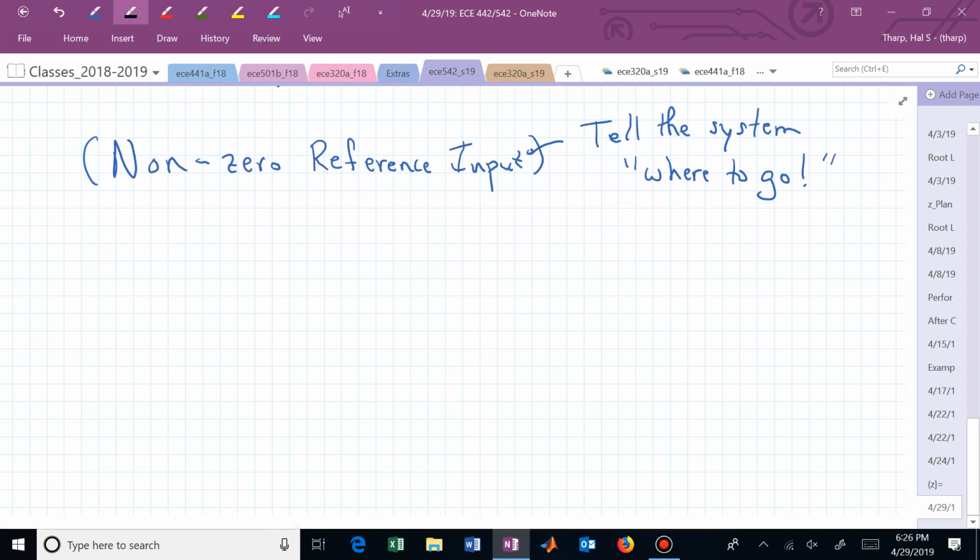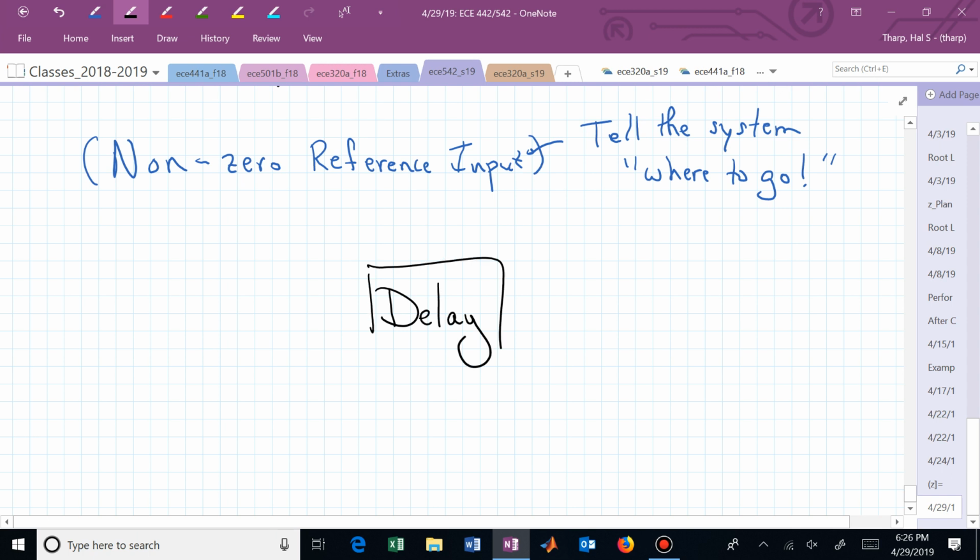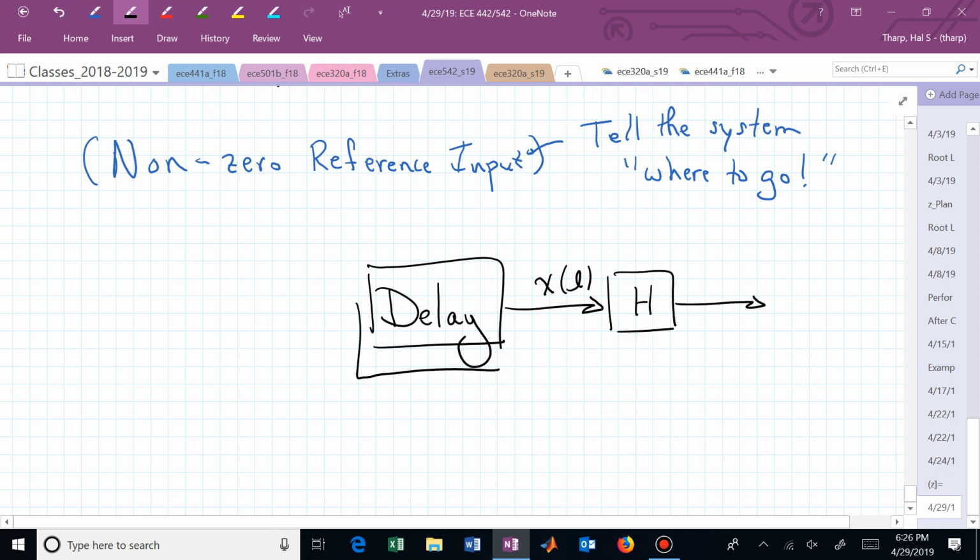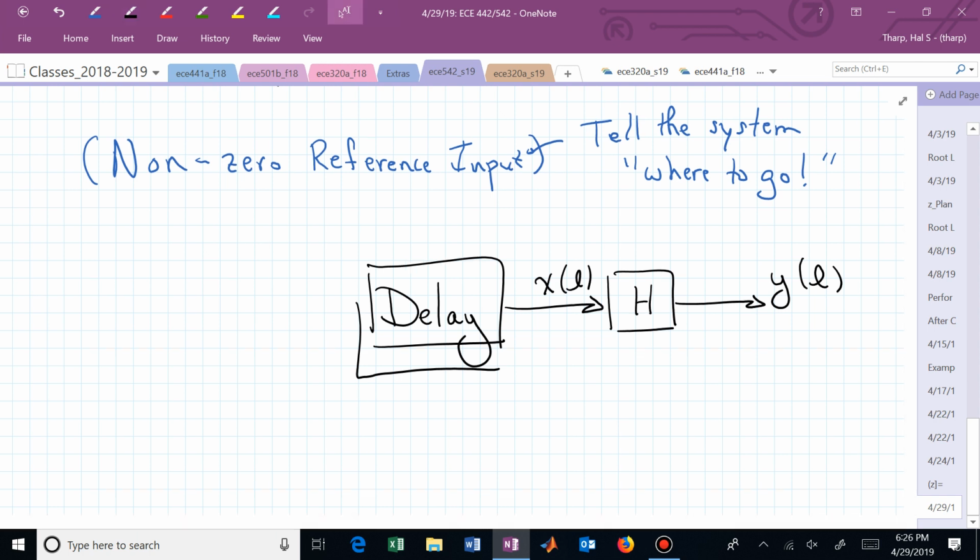Meaning, in our block diagram, this is now a bank of n delays. Here's our state vector, x of k. Here's our output matrix H that linearly combines that. And we could have multiple outputs, which just means that we have multiple rows in this output matrix H, and it does multiple linear combinations of the state vector.